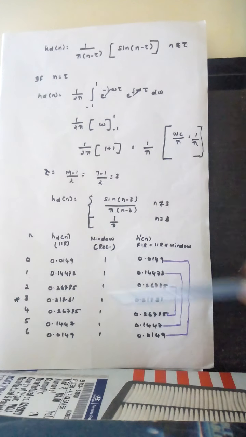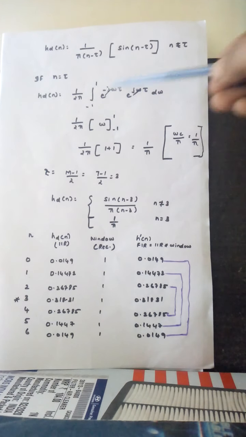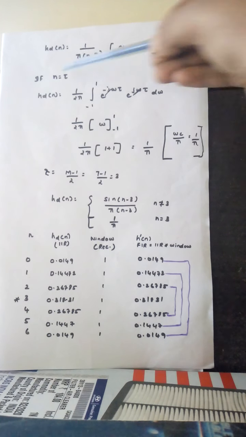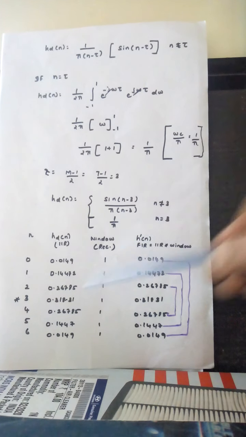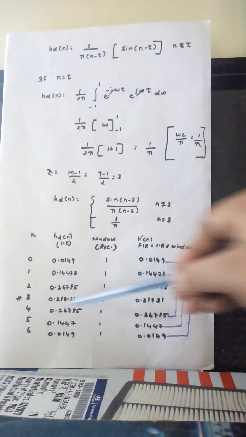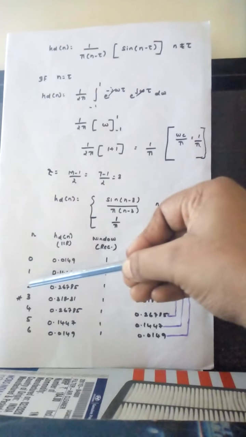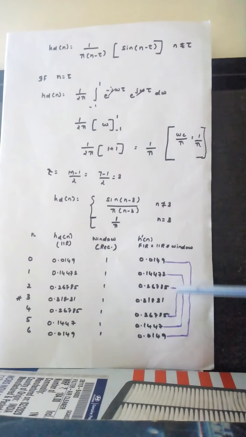And one more thing, as I already told, when n equals 3 we get infinity, correct? So instead of that, we find out the value, which here is 1 by pi. After this point, the rest will satisfy the symmetrical property. Here 2 is equivalent to 4, correct?